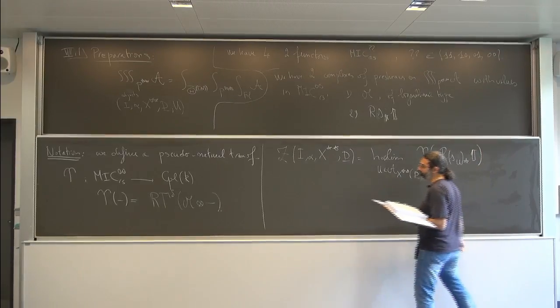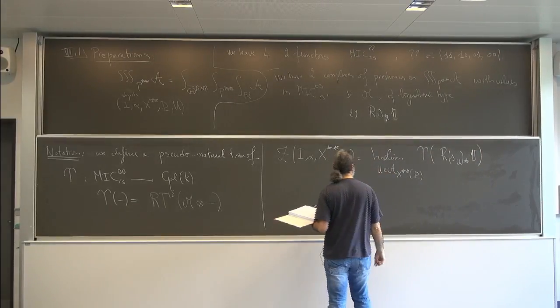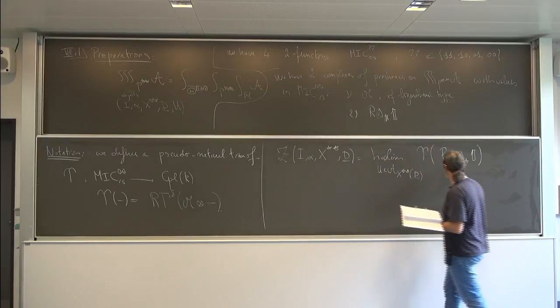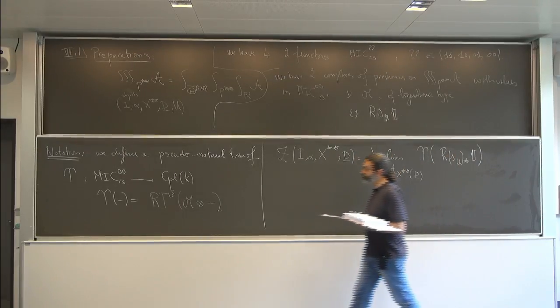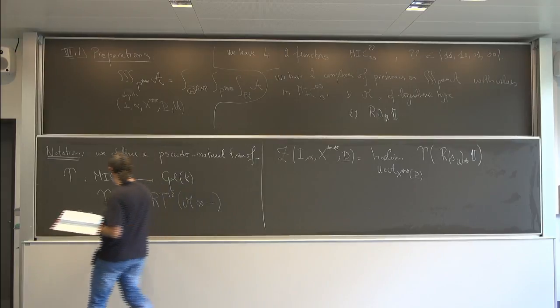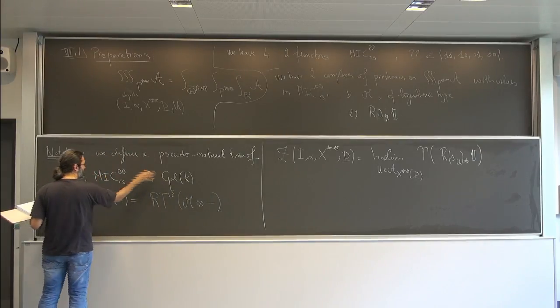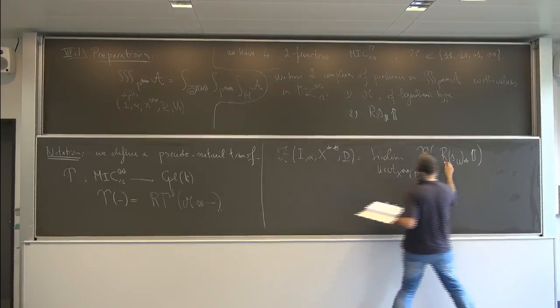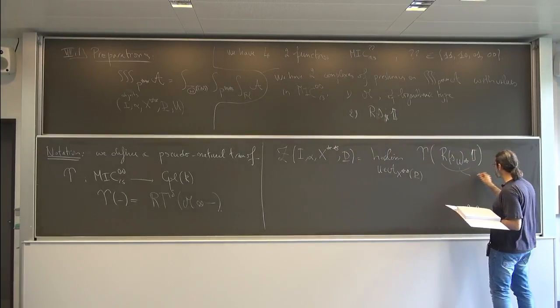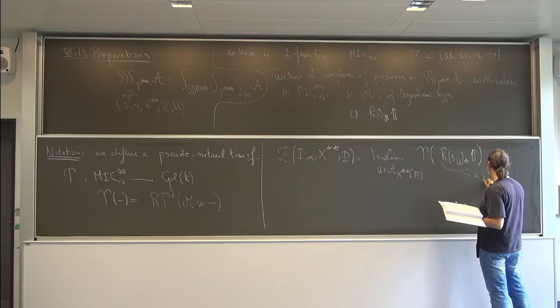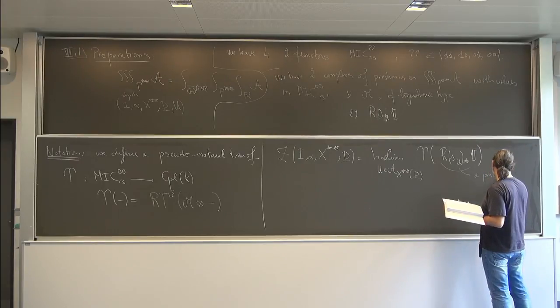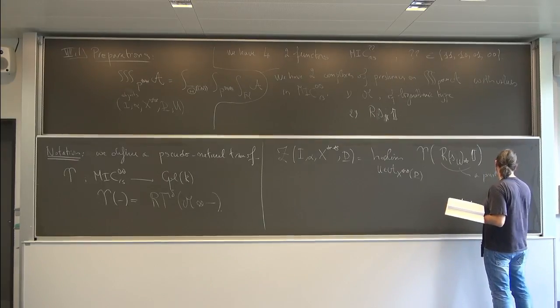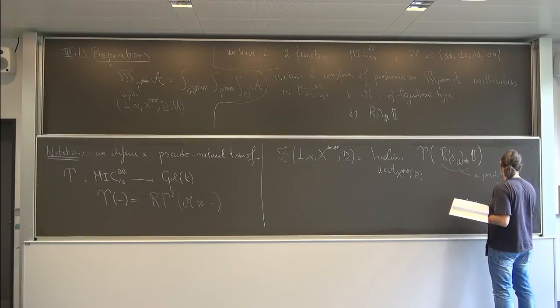And so we can think about this object as obtained by applying this transformation to this thing here, which is also a presheaf with values in MIC.